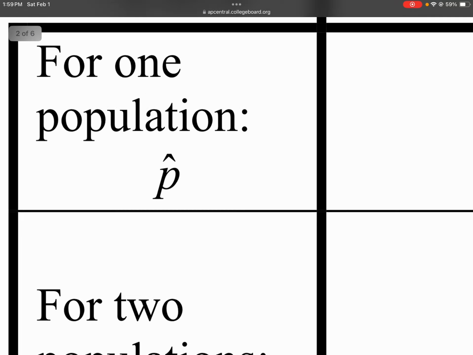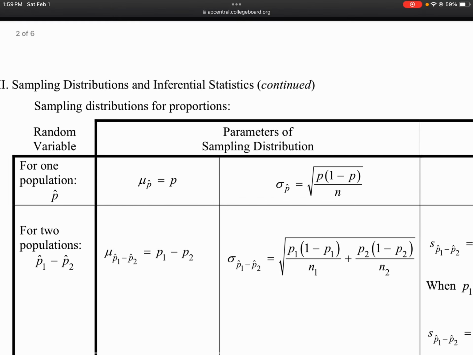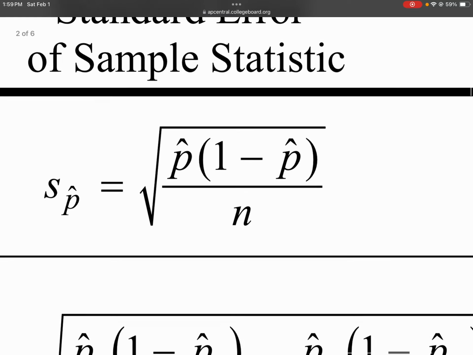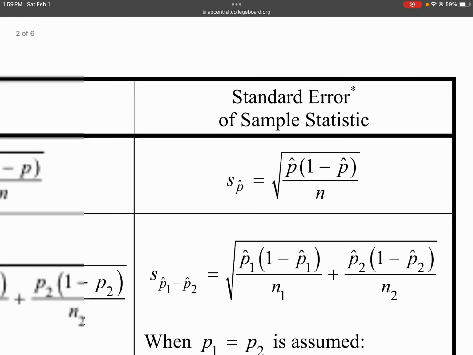So here's your point estimate, P hat. Here is the standard error, square root with the P hats inside.